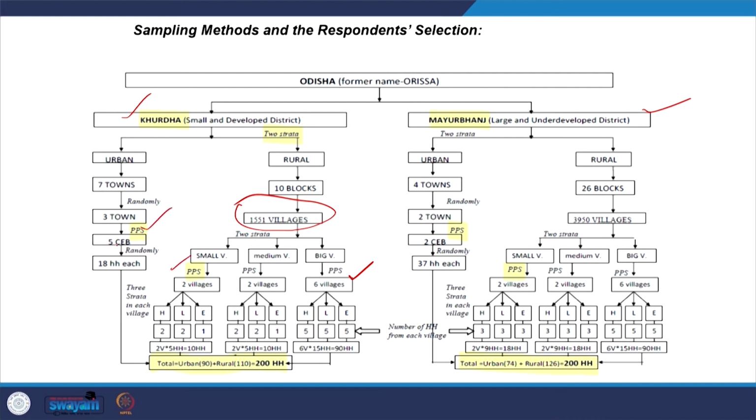Here also the census enumeration blocks were selected through PPS techniques. And here the PPS shortlisted the number of villages to be selected.